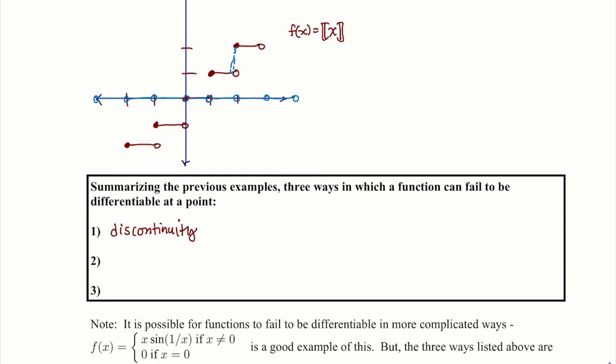Another is a sharp corner or turn. Right, so not like a parabola and its vertex, but more like the absolute value function and its vertex. So we've got a sharp change in direction, not a smooth change in direction. And then another is a vertical tangent line.